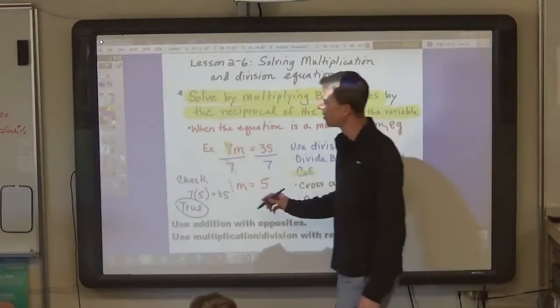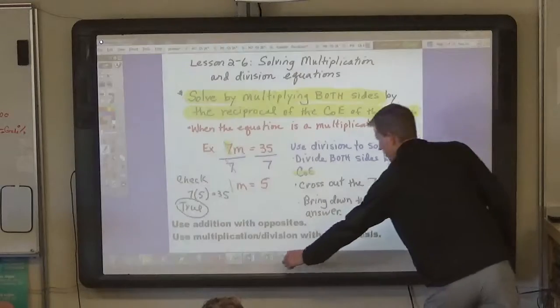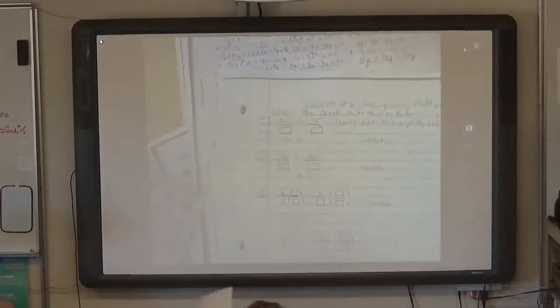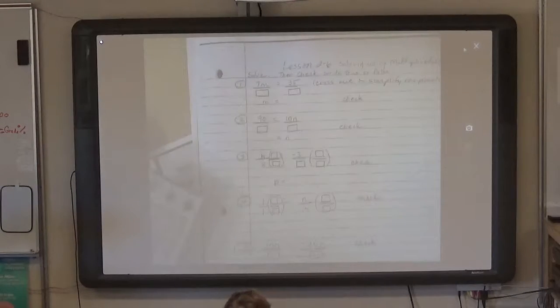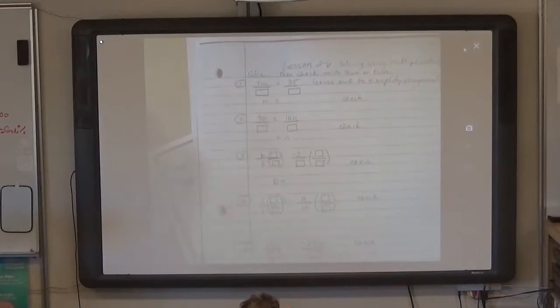Let's try some practice problems. Take out your worksheet that I gave you. So now you try this first one that I gave you. What would go in the box? 7s. Yep.